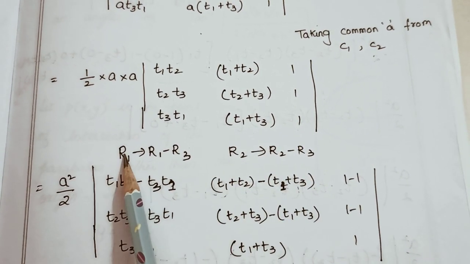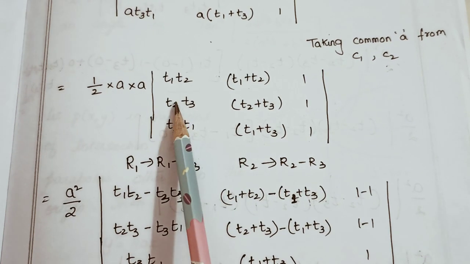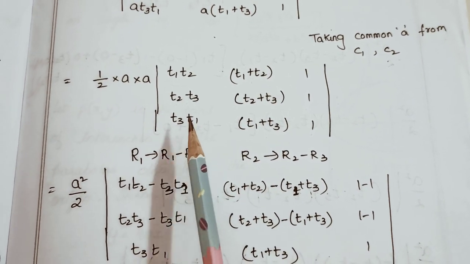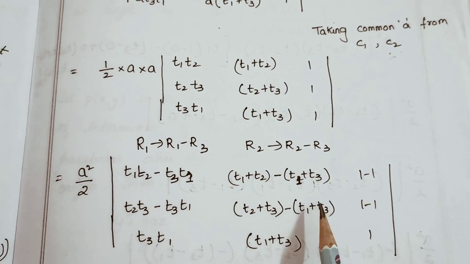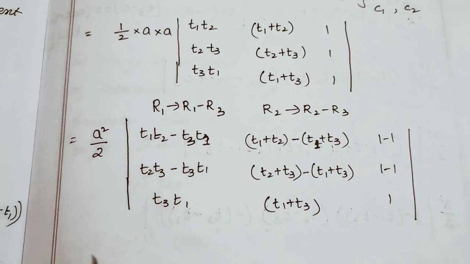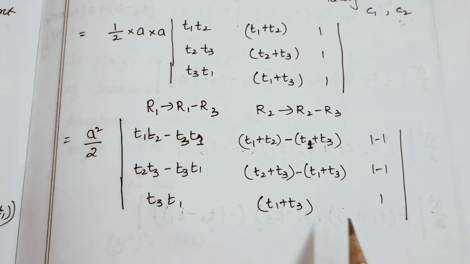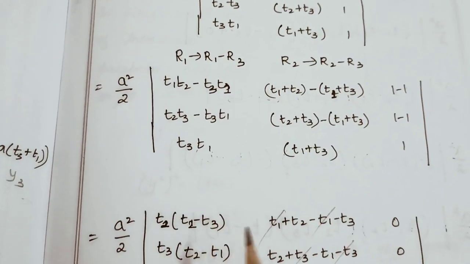Okay, for R1, R1 minus R3. For R2, R2 minus R3. R2 is T2, T3 minus R3, T3, T1. T2 plus T3 minus T1 plus T3. 1 minus 1. Okay, this one same as it is. We are not performing any row operation here in the row 3. Okay, only R1 and R2 will change.